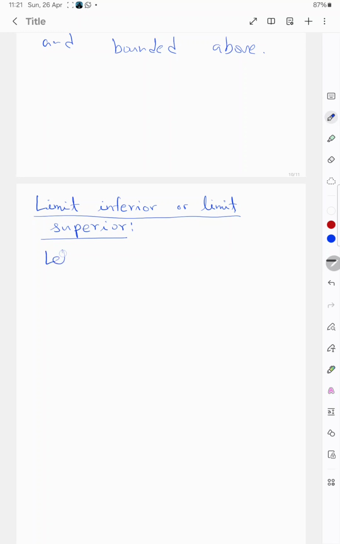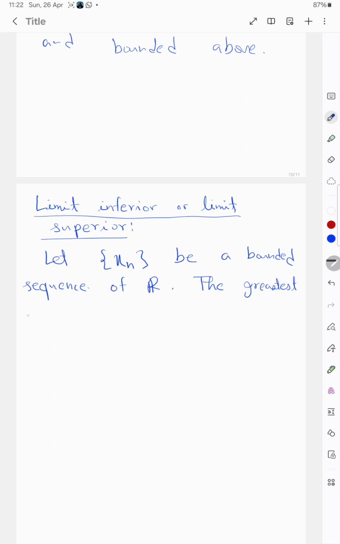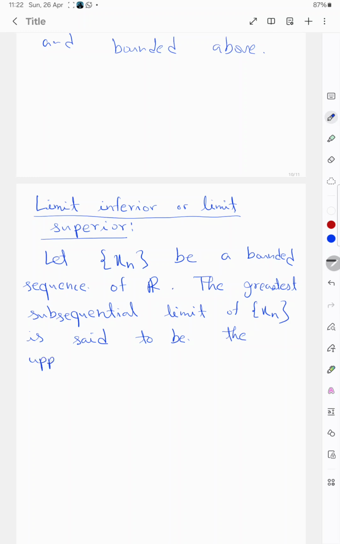So let xn be a bounded sequence of R, and the greatest subsequential limit of xn is said to be the upper limit or the limit superior of xn.